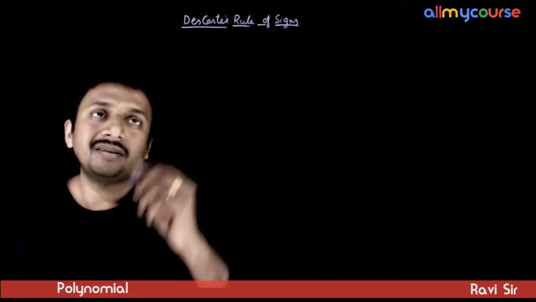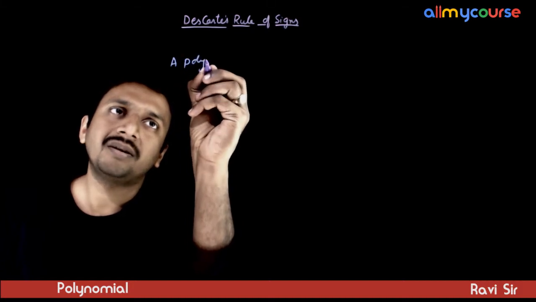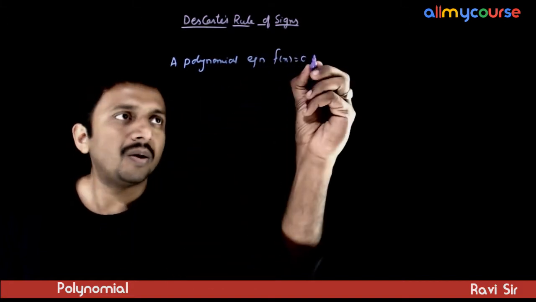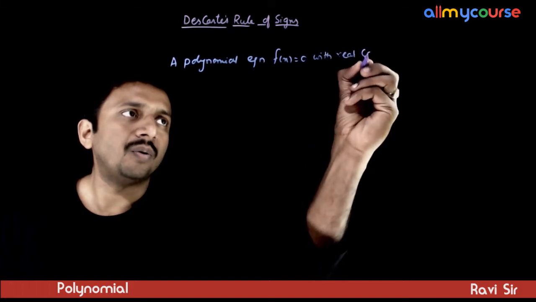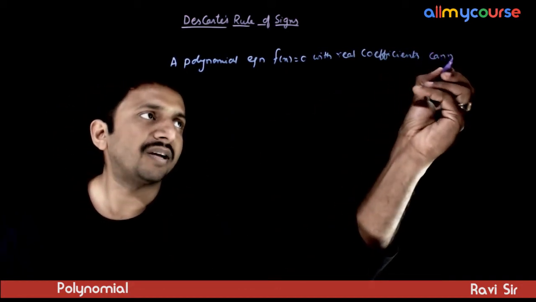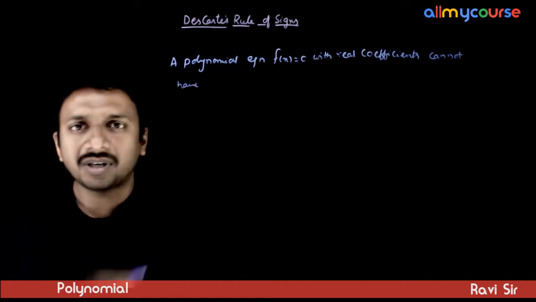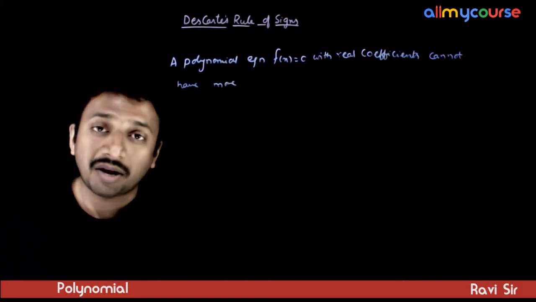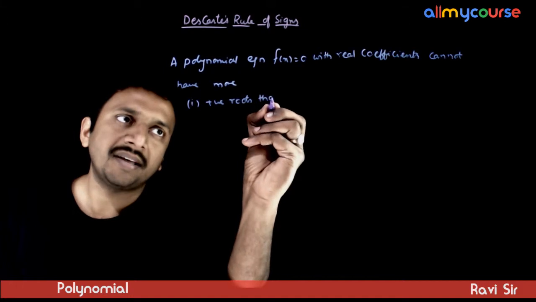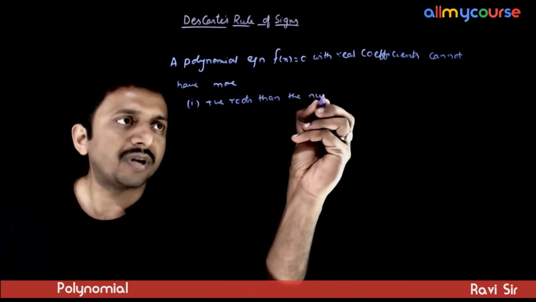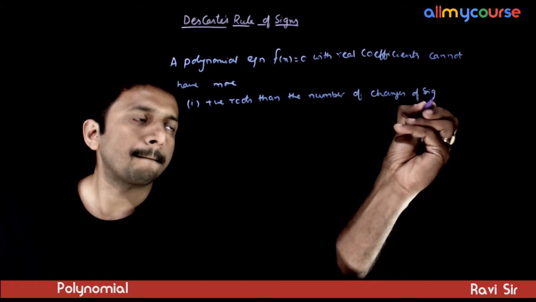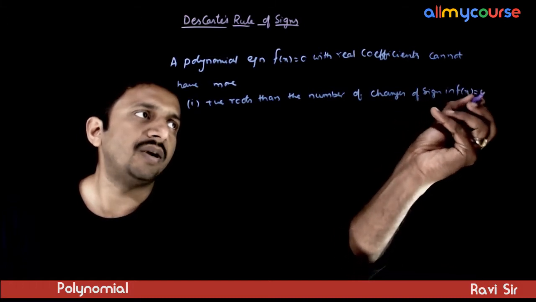So this rule says that a polynomial equation f of x is equal to 0 with real coefficients cannot have more positive roots than the number of changes of sign in f of x is equal to 0.